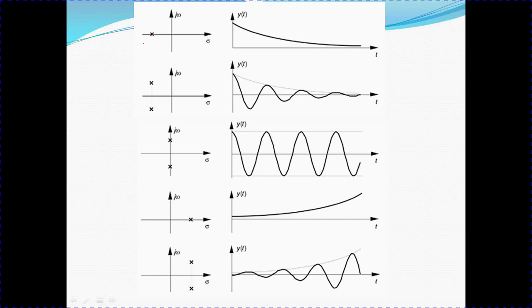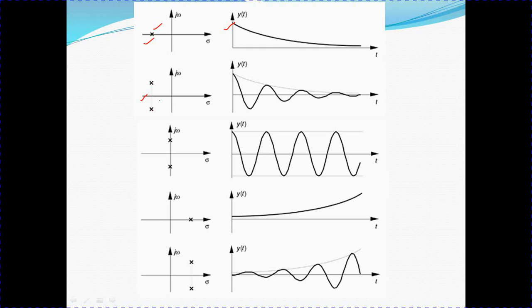So now see here in this particular diagram in the S domain, you can see one pole on the negative real axis, and the output response of such a system is given by this diagram. So now the diagram clearly shows that the system is going to be stable. Similarly in this diagram two poles are there.